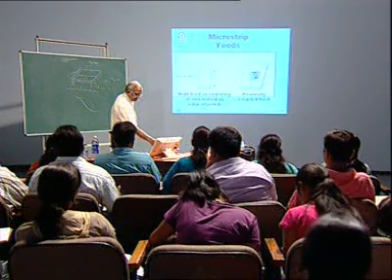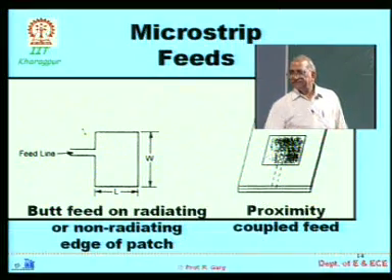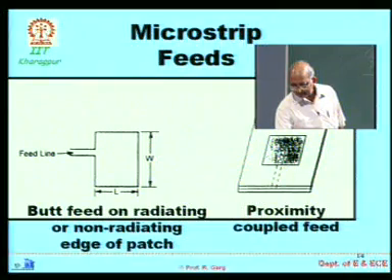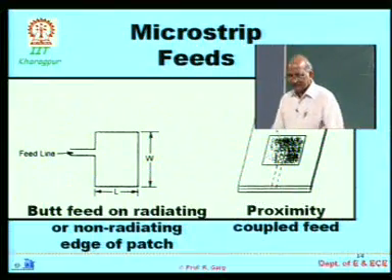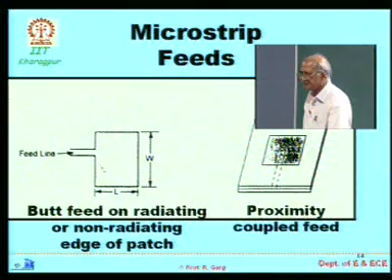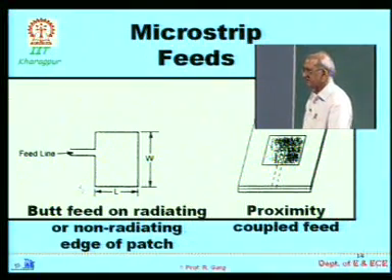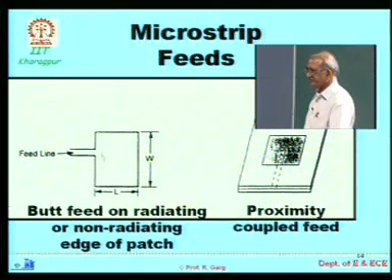Here, let us say a rectangular patch, one can have a feed line like this, provided you get a 50 ohm point. Similarly, you can have the microstrip feed underneath the patch metallization, because here the limitation is that you are feeding at the edge, and at the edge the input impedance is likely to be very high, unless you have worked out the substrate parameters so that it comes out to be 50 ohm.